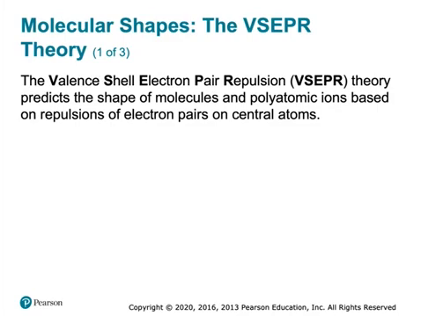Sometimes we call it VESPR, but it's VSEPR, valence shell electron pair repulsion. So this is a theory. It's an incorrect theory, but we still use it because it works really well. It has some problems: it predicts some incorrect chemical properties of molecules, most notably the magnetic properties of oxygen.